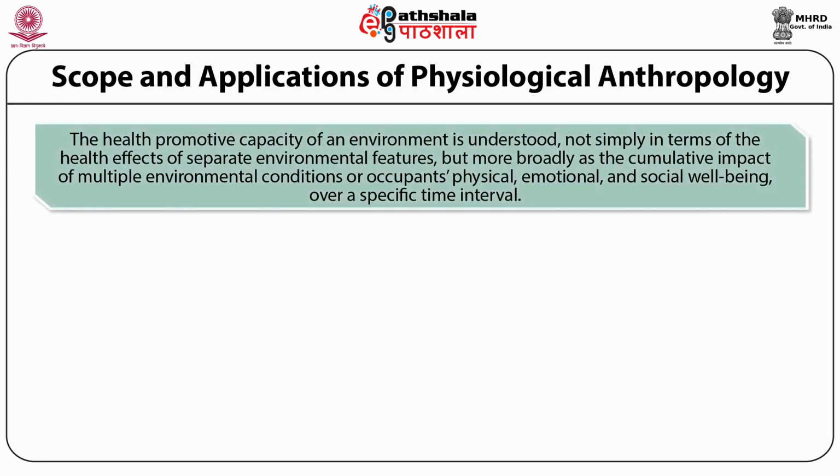The health-promotive capacity of an environment is understood not simply in terms of the health effect of separate environmental features like air quality, seismic safety, or social climate, but more broadly as the cumulative impact of multiple environmental conditions on occupants' physical, emotional, and social well-being over a specific time interval.